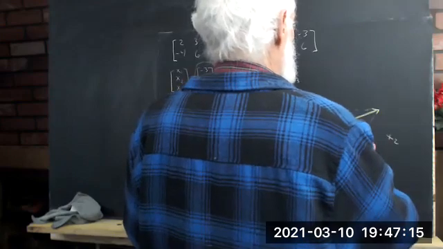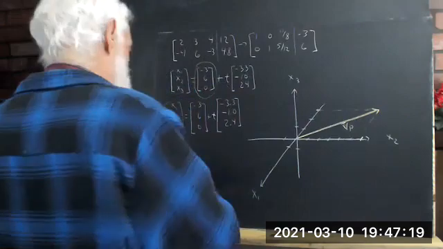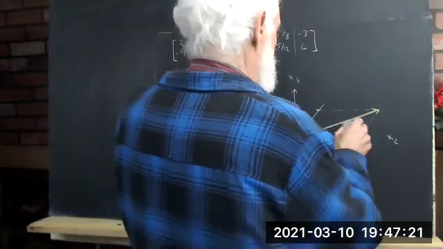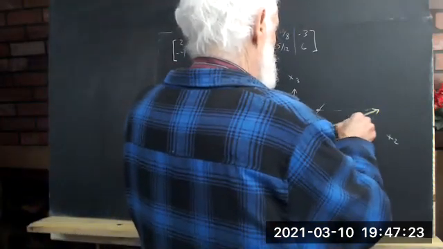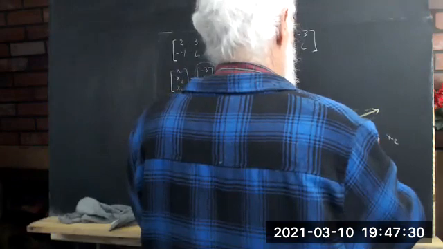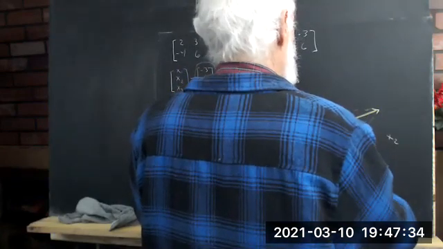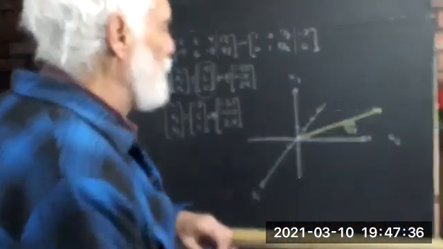I said YP, it's a V. And I didn't leave myself room to put an arrow over the V. So let's just fix that. Okay, so we have VP, a particular solution.